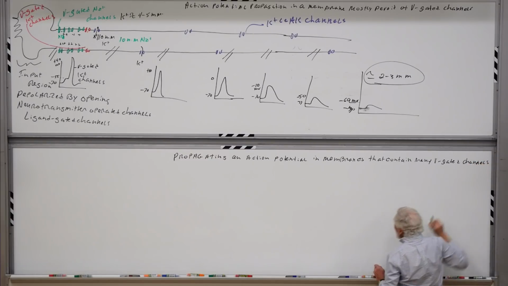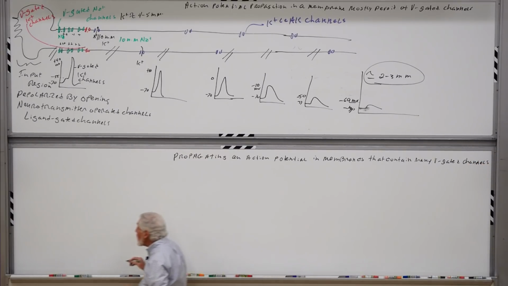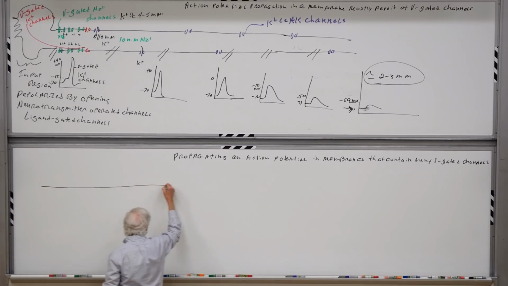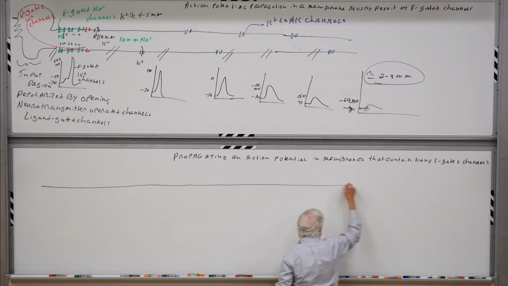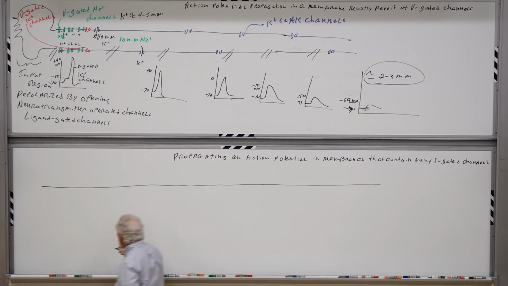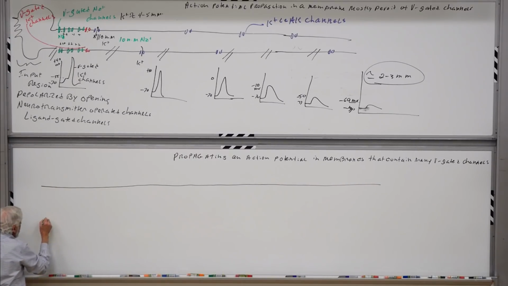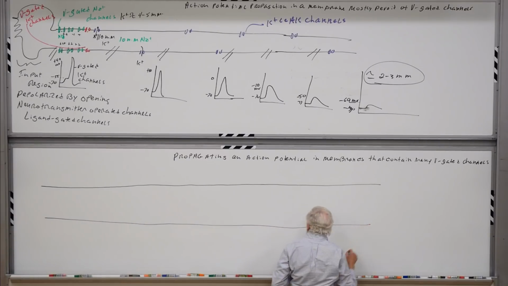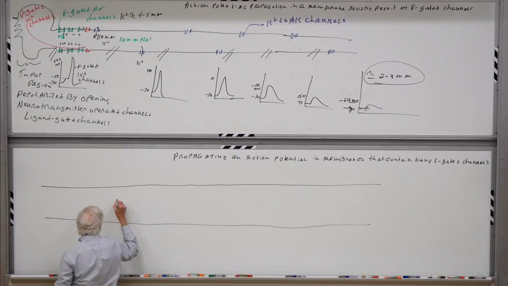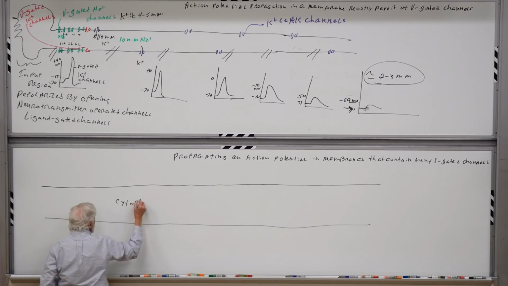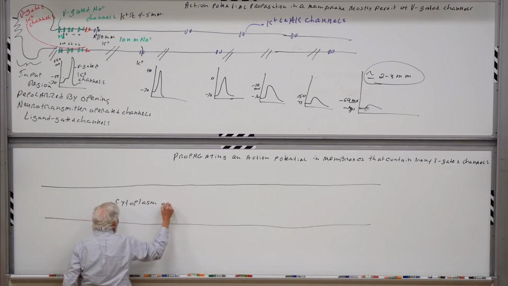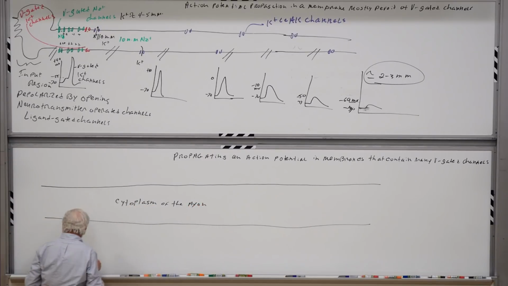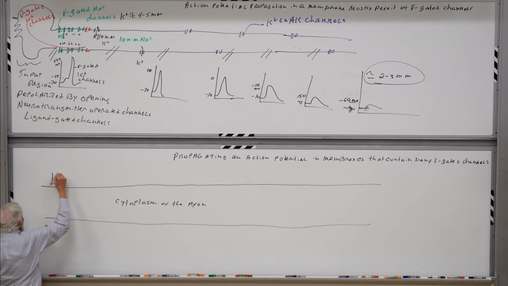Now, I should emphasize here, it's not just that there are lots of these channels, it's how they're arrayed. So we're going to take the same pattern. We're going to imagine that we have these two parallel lines that represent the plasma membrane or the axon. This is the cytoplasm of the axon, and this, of course, is the plasma membrane.